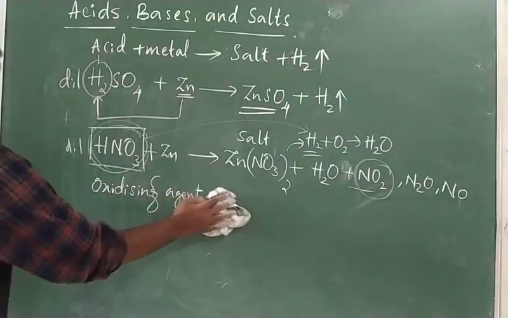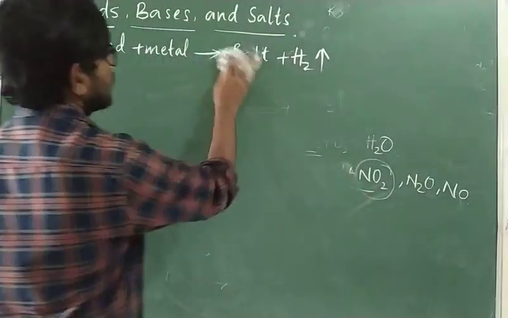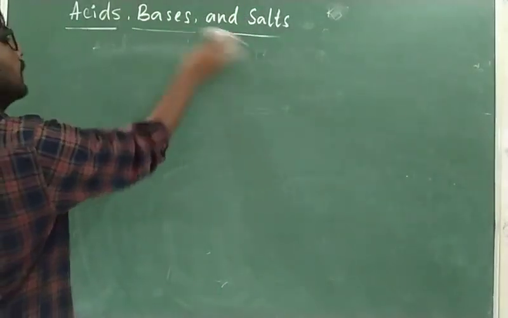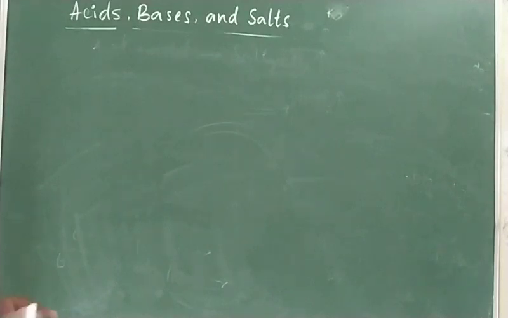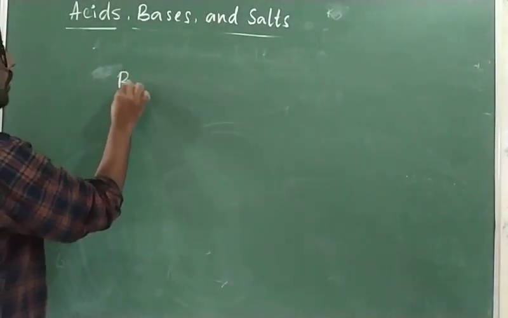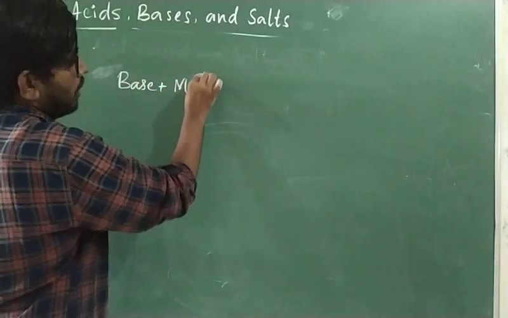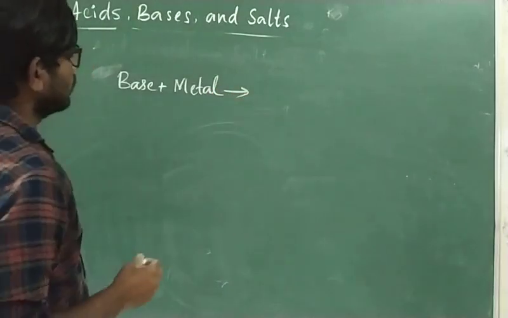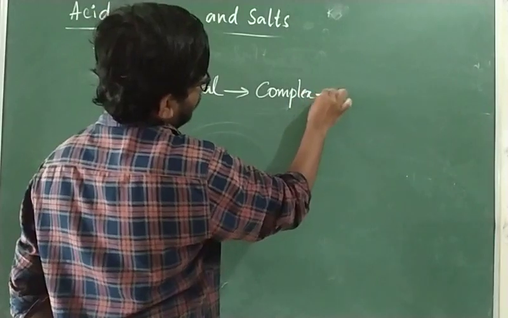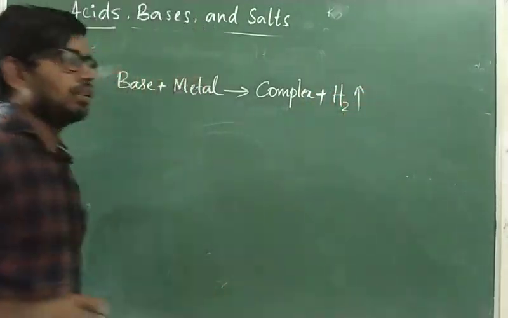Next one, metal plus bases. What is going to happen? If we take a base and a metal, what will it produce? It is going to produce again a double salt, or we can say a complex structure, and similarly to acid, it is also going to produce hydrogen gas.